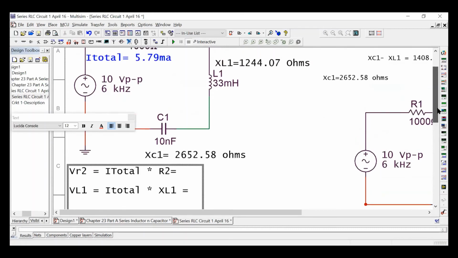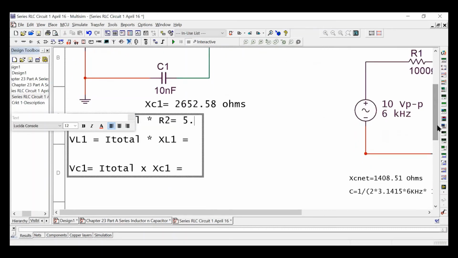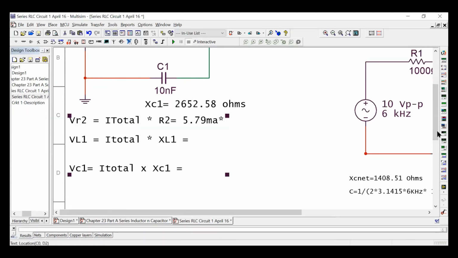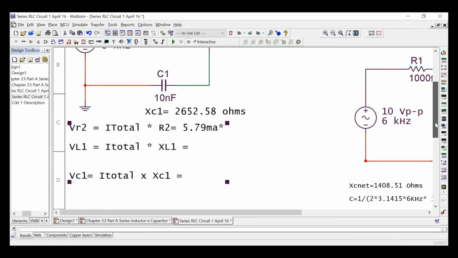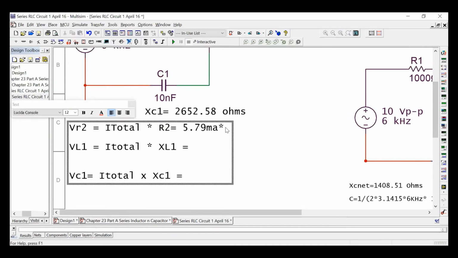So 5.79 milliamps times 1,000 ohms gives me approximately 5.79 volts.